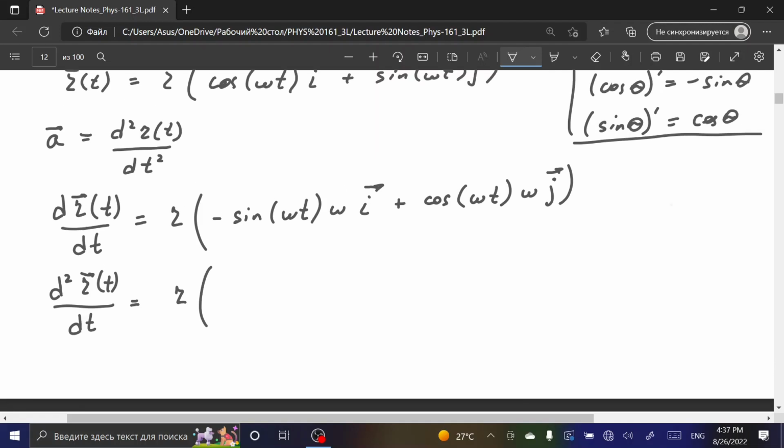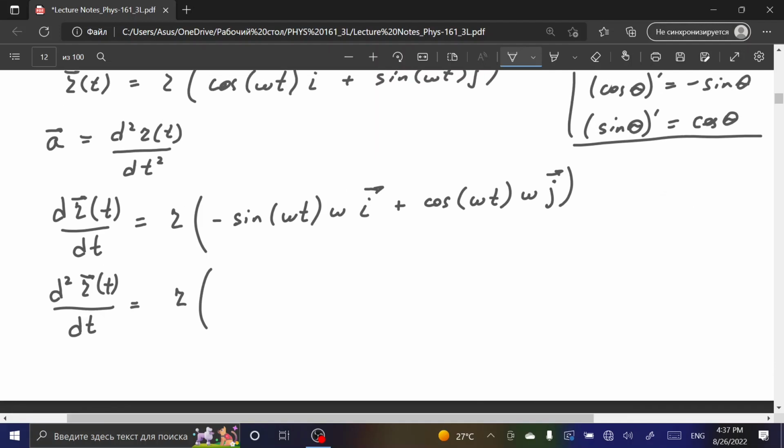Here we stay with minus because the derivative of sine will be cosine. It will be cosine omega t, and then again we multiply by the derivative of omega t, which will be omega, so omega squared times the i unit vector, plus, or actually not plus, it will be minus sine omega t times omega squared times the j unit vector. So we are done with our derivatives.